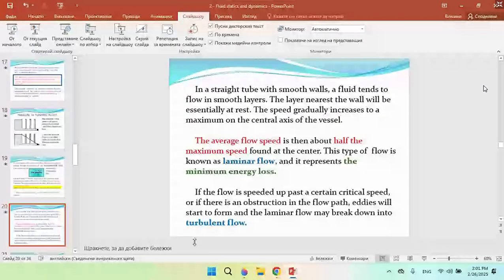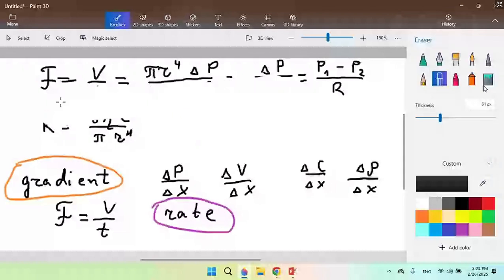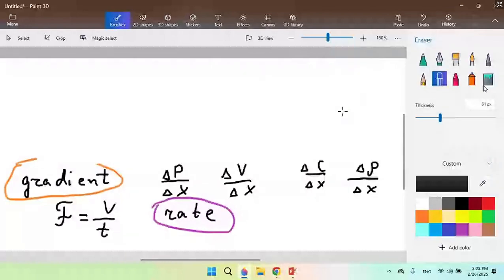The formula for critical velocity, the velocity above which the flow is turbulent and below which the flow is laminar. So let me write the formula for the critical velocity, which we'll discuss next time as well.